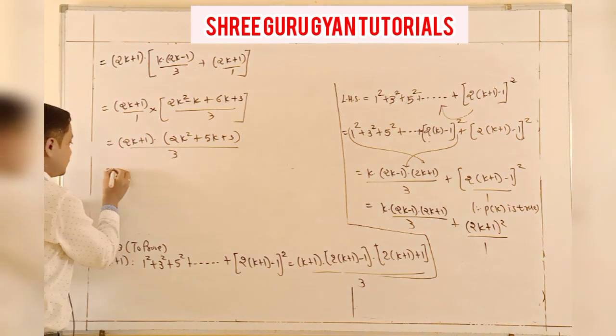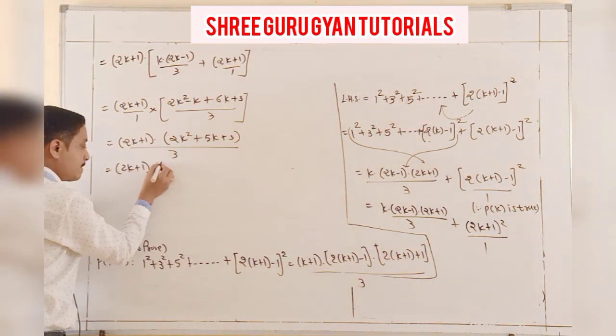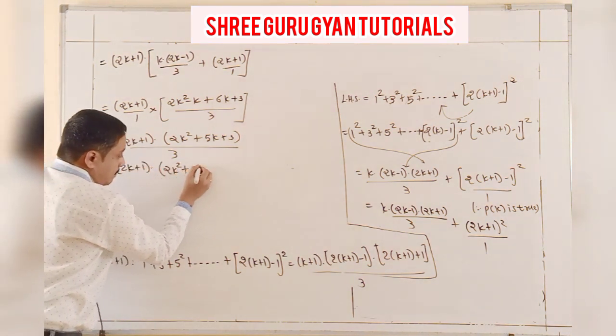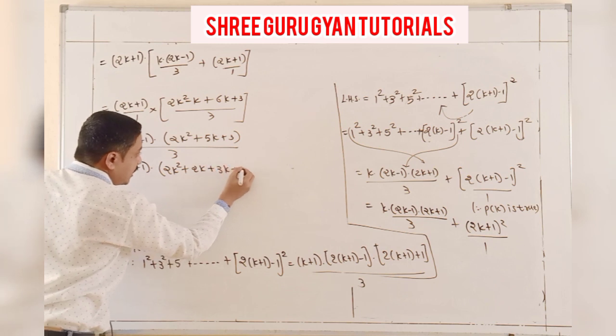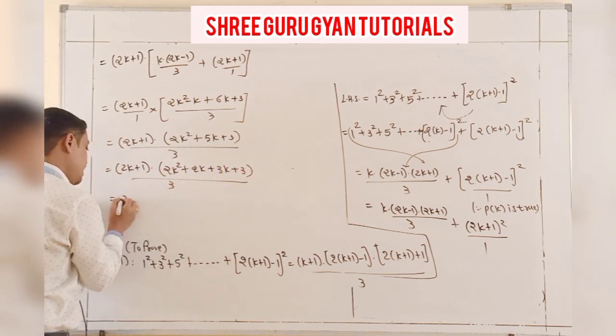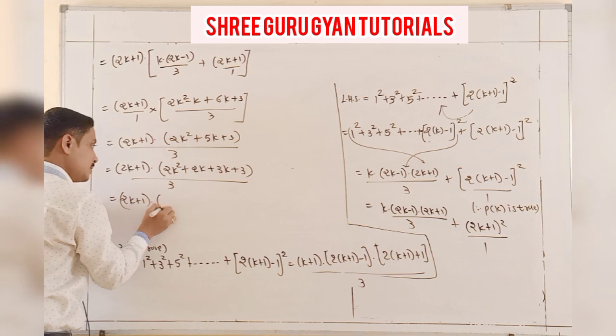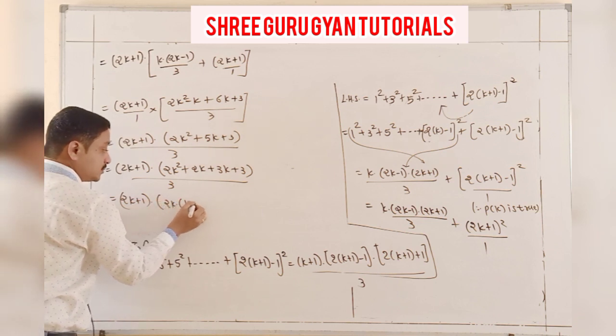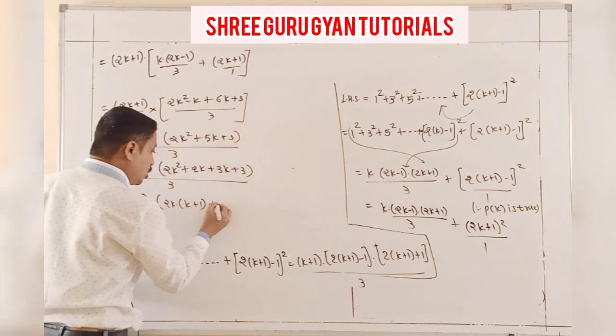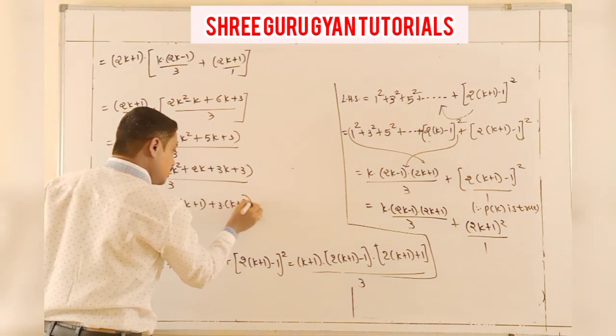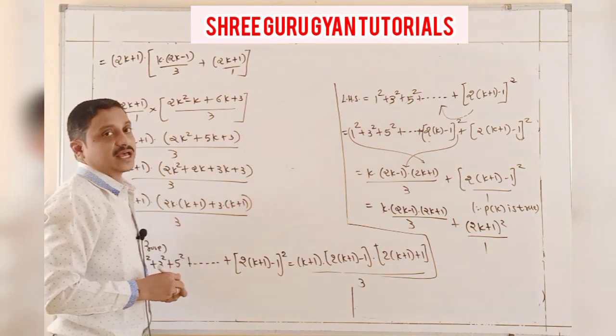It means (2k plus 1) times (2k square plus 2k plus 3k plus 3) upon the same. So 2k common, k plus 1, plus 3 common, k plus 1, and upon 3 as it is.